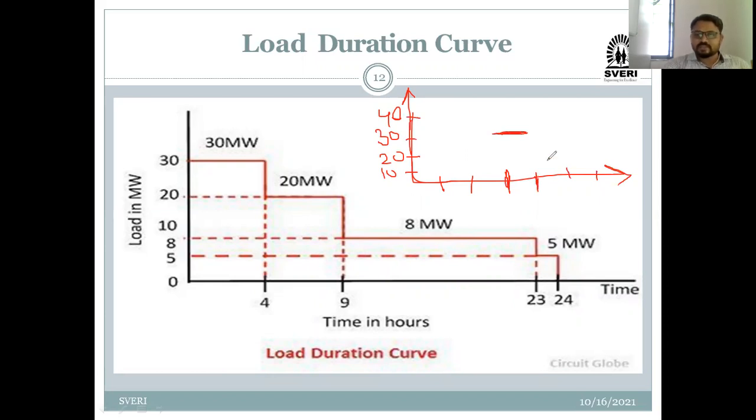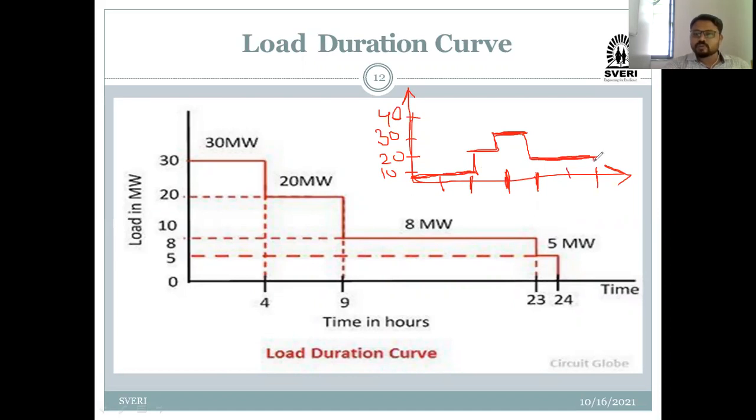30 megawatt. Now from this point up to this point, my demand is 20 megawatt. Then from this point to this point, my demand is 9 megawatt.